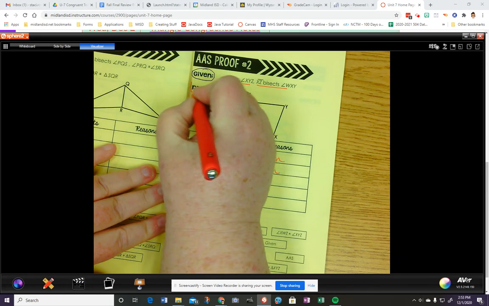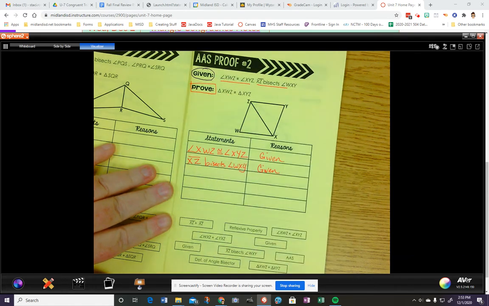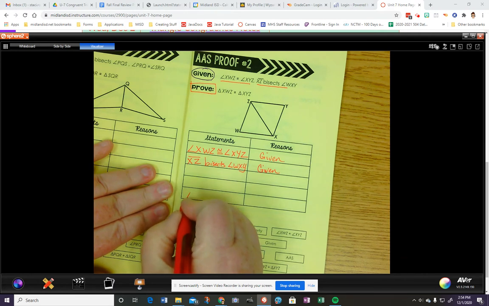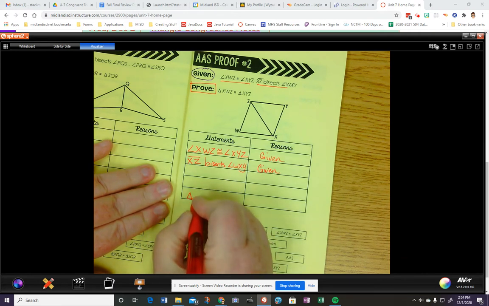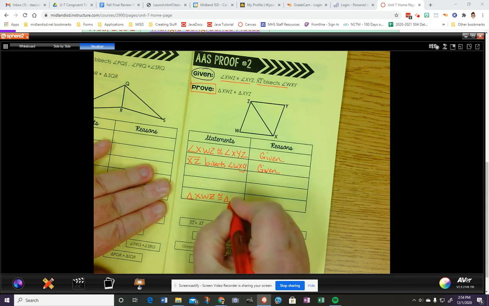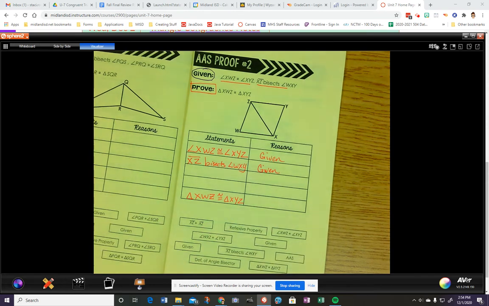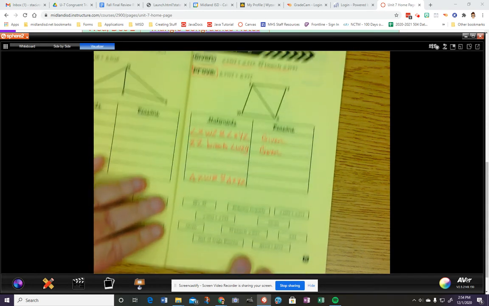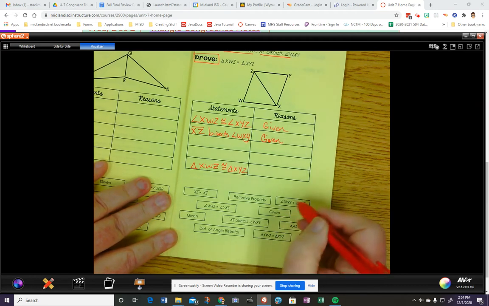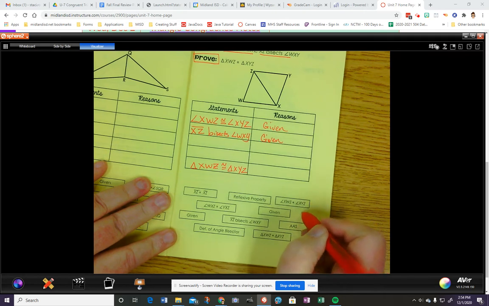Now we're going to look at the prove. We're going to put that on our last sentence down here. Triangle XWZ is congruent to triangle XYZ. And we don't know why yet. So let's mark off what we have used. Angle XWZ congruent to XYZ.